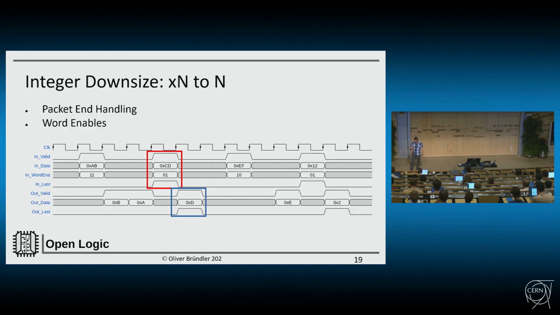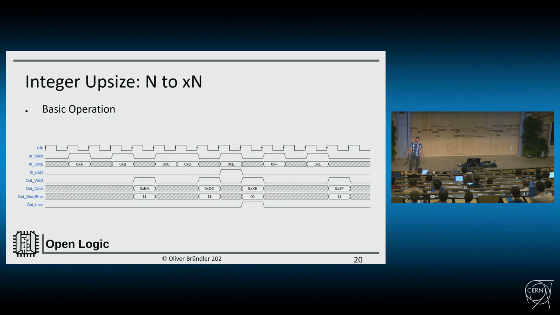But if you have an 8-bit to 4-bit converter where the smaller word is 4 bits, you have those word enables. So if you send in the last word and say, yeah, I only want to have the lower nibble here, the D represented, on the output you get the last word of the packet showing only the D. So it also works with unaligned packets.